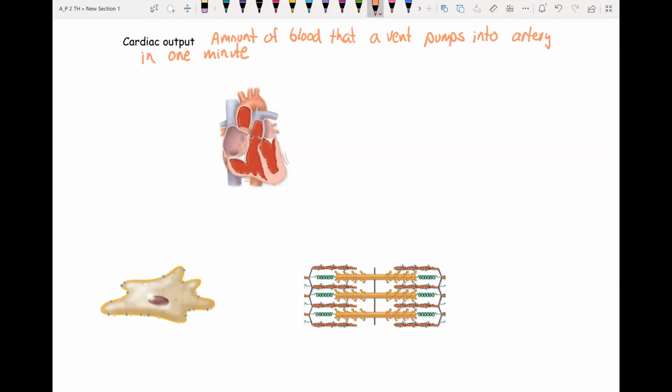So you have two cardiac outputs. You have the right ventricle pumping into the pulmonary trunk, and you have the left ventricle pumping into the aorta.